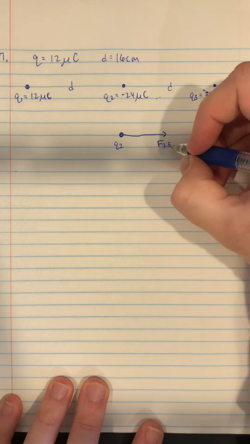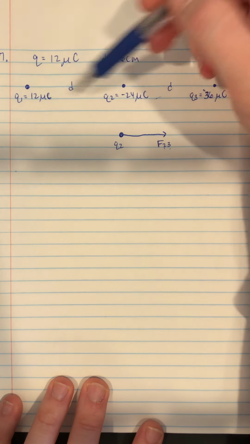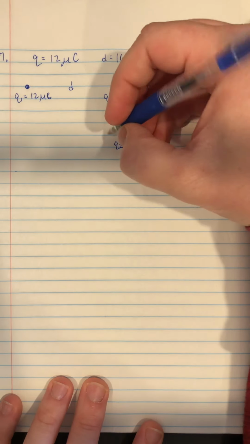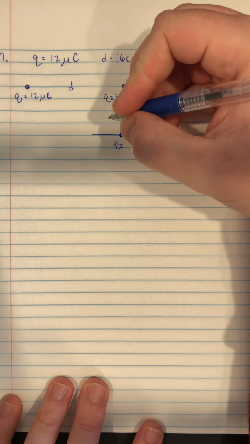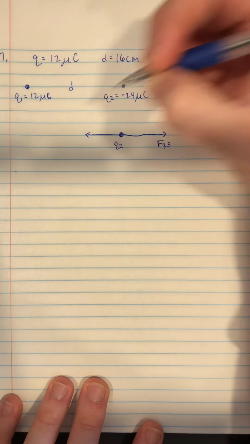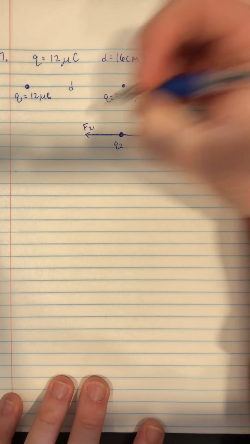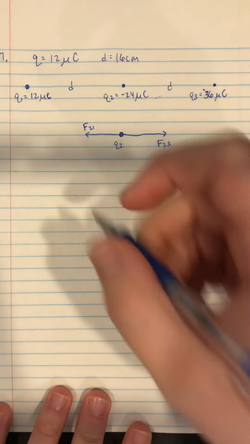The force on charge 2 by charge 3 is to the right. Positive and negative, we should get an attraction there. So we'll get an attractive force this way because of Q1. So F21 will be that way. And then we just have to solve, just like we've been doing.